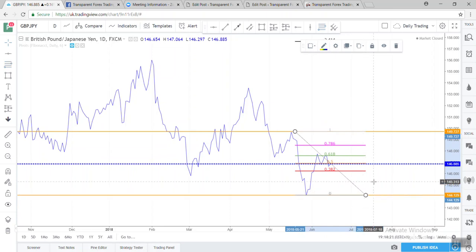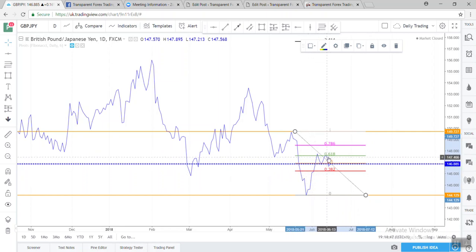Now I edited my fibs slightly, so I only had the major areas that I was interested in, the 38.2, 50%, the 61.8 and the 78.6, and I've color coded them accordingly, so when I go further down into the hour and 4 hour, I know what they represent without having to come back out again.